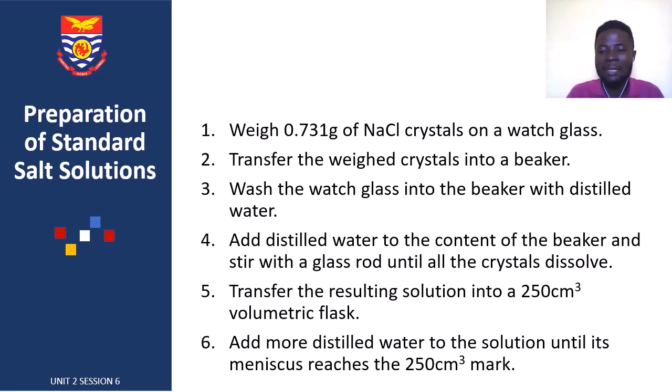So when you are adding, you need to be extra careful such that you get accurate measurements, because if it passes, you have lowered the concentration. You are not getting the actual concentration. And if it doesn't reach the mark, you have a higher concentration than what you want. So be very accurate in these measurements.